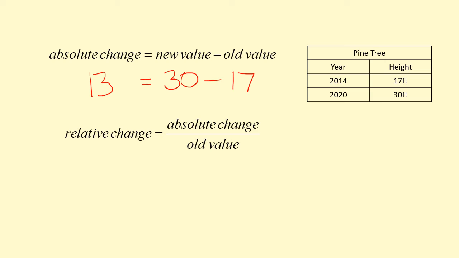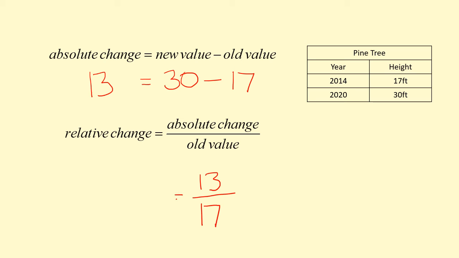Now we're going to calculate the relative change to see how big a deal that 13 feet was for that little tree. So we're going to take that 13 feet and we're going to divide it by the original value, which was 17.